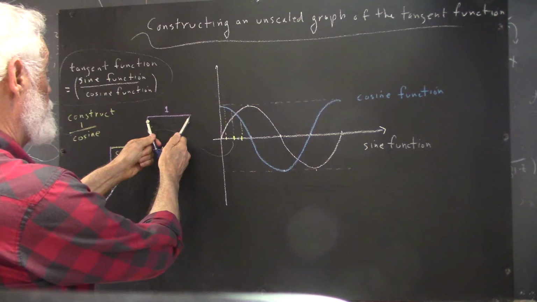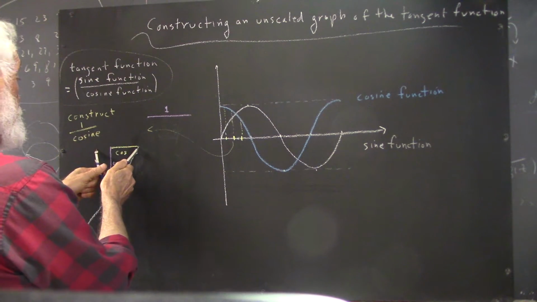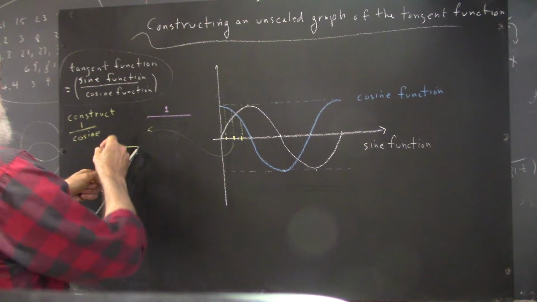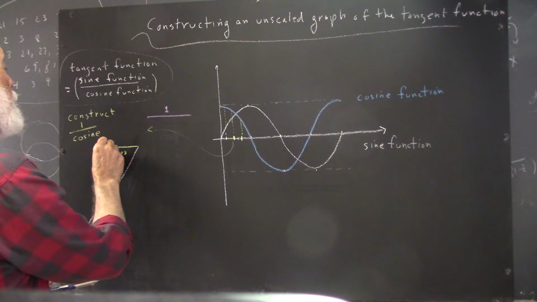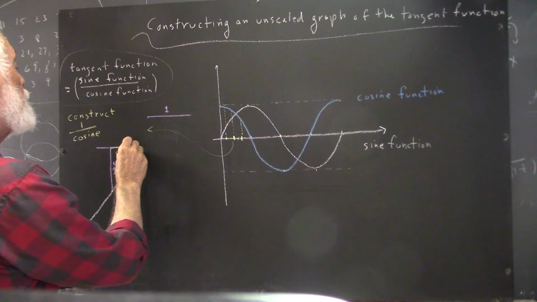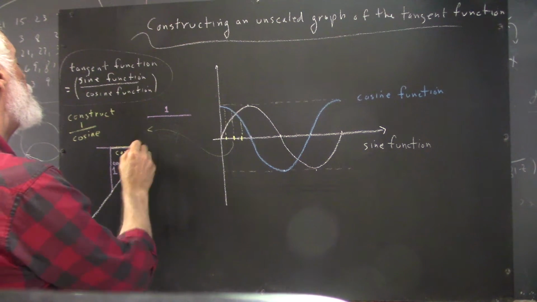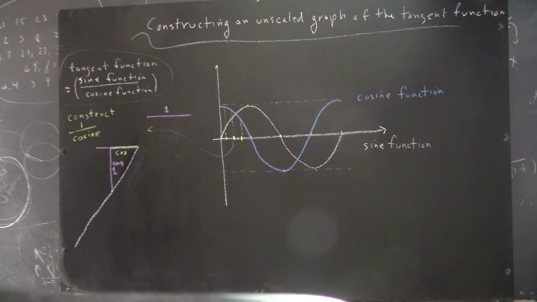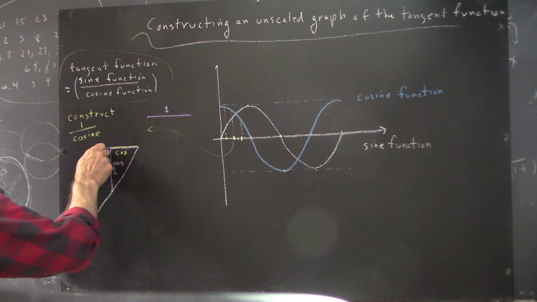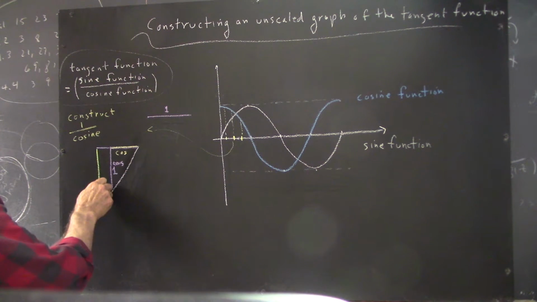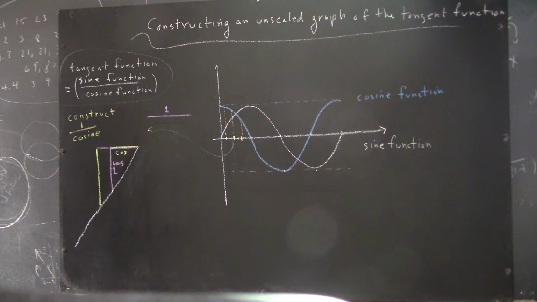So I'm going to measure that off again. And do this. And then I'm going to sketch in my value of the cosine, which will correspond to this side of the triangle.